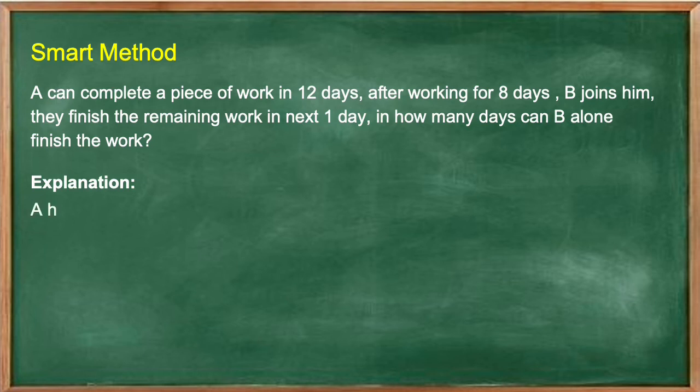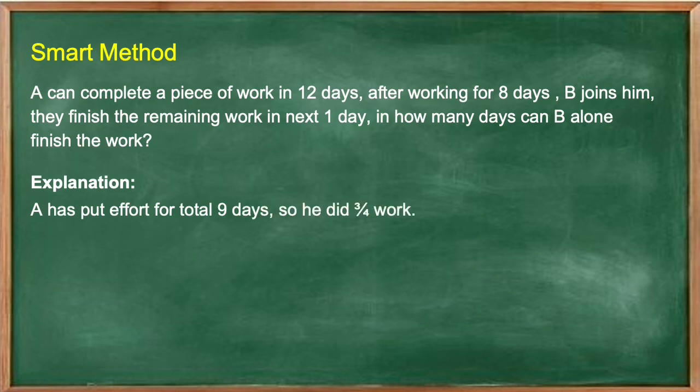So we can say that A has put effort for total 9 days. So he did 3/4 of the work. And it is obvious that if A has done 3/4 of the work, then definitely 1/4 of the work has been done by B. Because after B has come to the picture, they finished the work in one day.